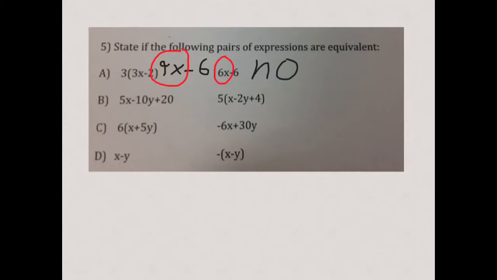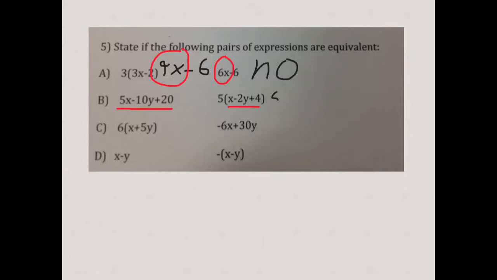Okay, right here on B, I look, simplified. Here, not simplified. But I look inside parentheses and I notice, okay, you know what? Everything that can be combined has been combined. There's no like terms. So I look outside parentheses, I find a 5, time to multiply that 5 times everything inside.